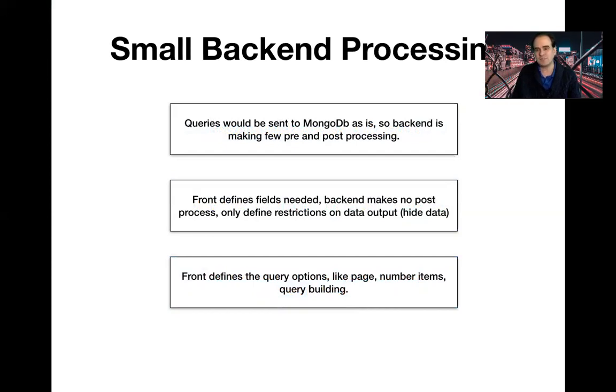So for the cases when you have a more complex logic, you need to say, okay, if this parameter is equal to that, then I build the query this way, otherwise I build it the other way. That way you have a way to control how the query is going to be, because you have options. Maybe you prefer to do that in the backend. You can also do it in the front.